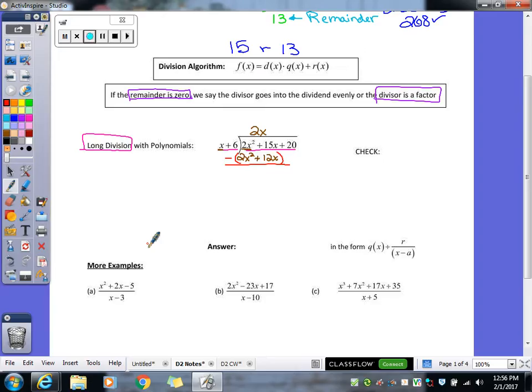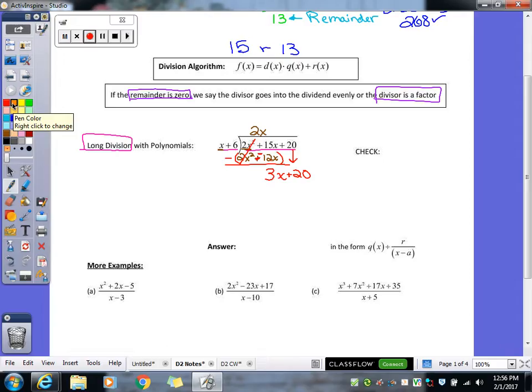I always put it in parentheses when I subtract, because you got to remember to subtract both terms there. So 2x squared minus 2x squared, those cancel just like we wanted them to. This 12x is now a subtraction, so 15x minus 12x gives us a 3x. And we bring down our 20, just like we brought down our 8 before in the other example.